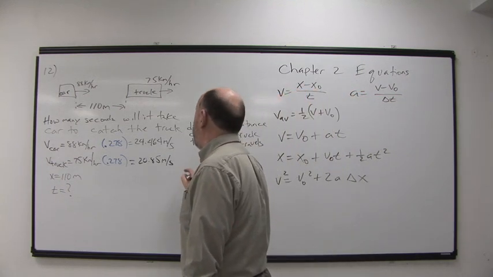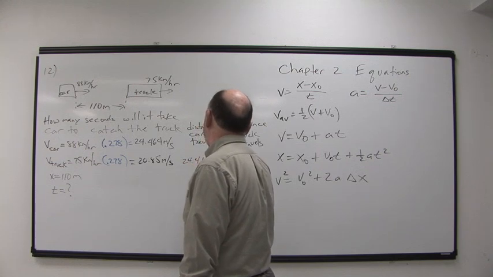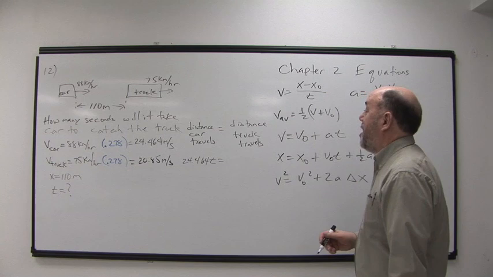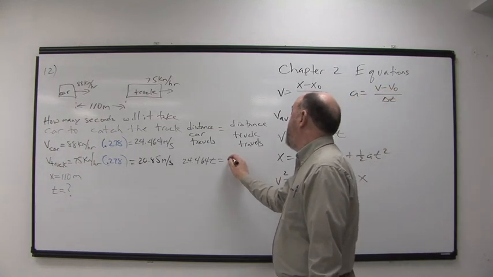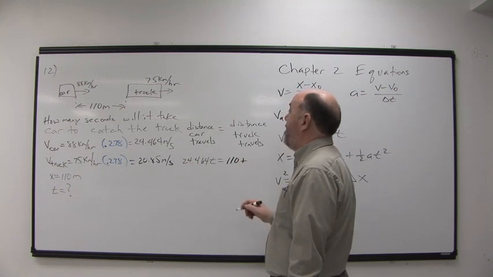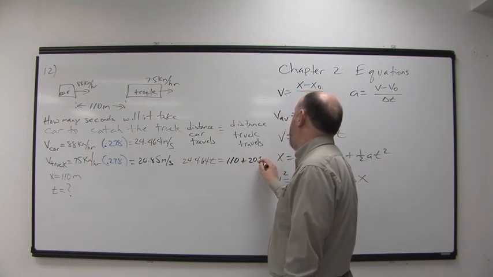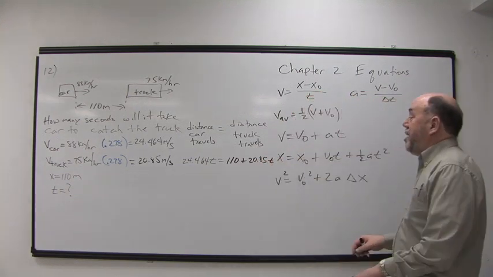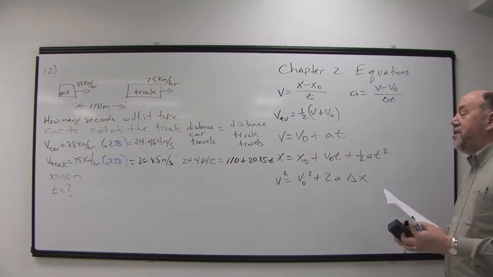So this will be 24.464 t. The distance that the truck is traveling is that it has a 110 meter head start, and it's going at 20.85 meters per second times t. We can take this equation now and solve it for t.